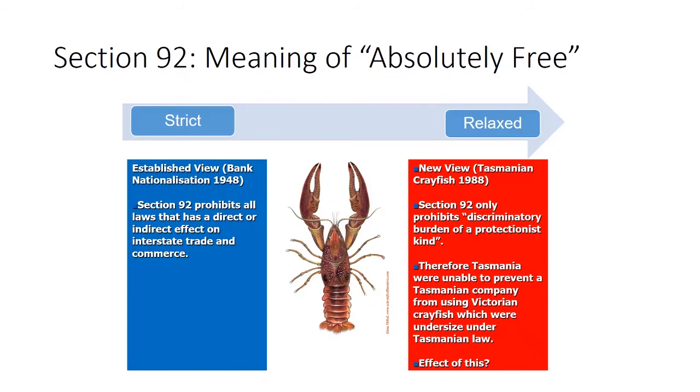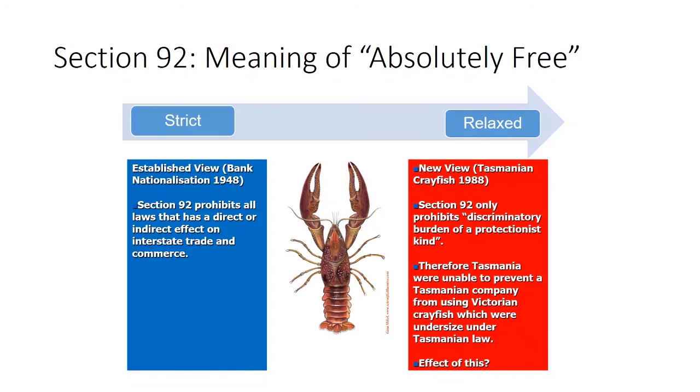Okay, so interstate trade and commerce has to be absolutely free, according to Section 92 of the Constitution. And at first, as you can see, the bank nationalisation case, the interpretation by the High Court was that it would prohibit all laws that had any effect on interstate trade and commerce. But then in the 80s, the Tasmanian crayfish case, they reinterpreted Section 92 to be a little bit less strict.